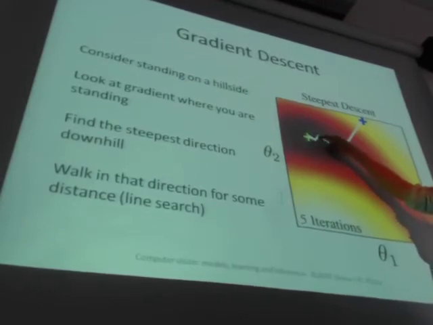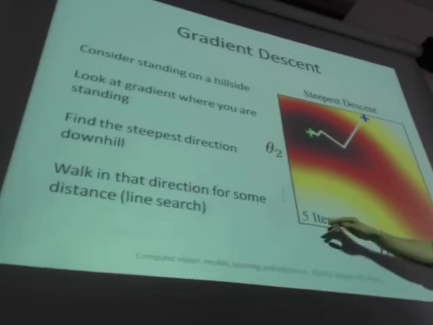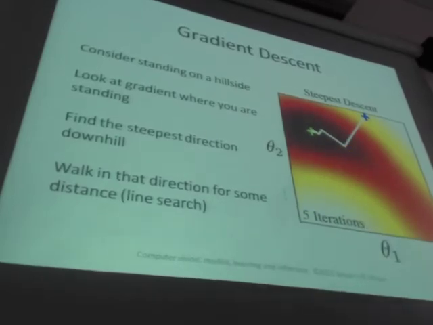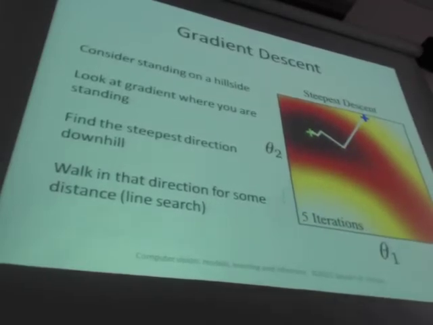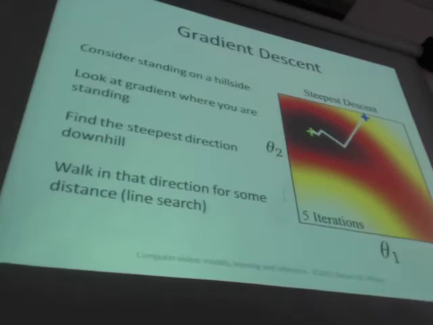Step again, search for direction, step, search for direction, step. And after 5 iterations, we end up here. So this is great, right? If I can tell you how to choose the direction and how to choose the step length lambda, then we're basically in business.